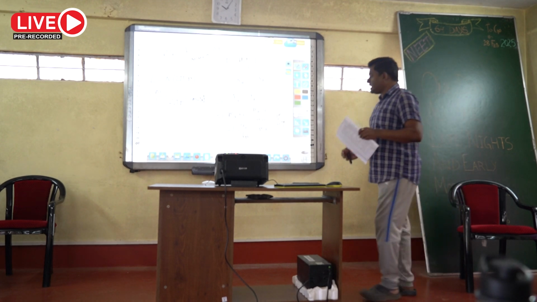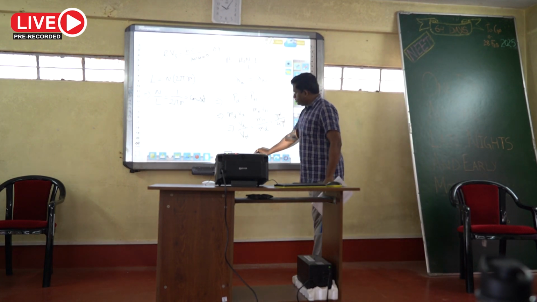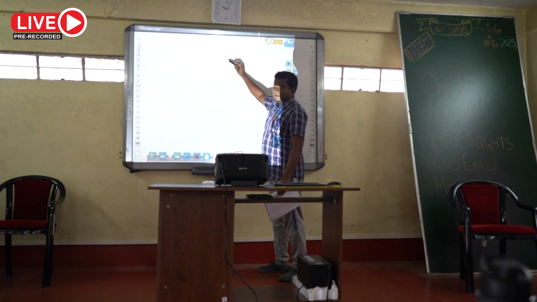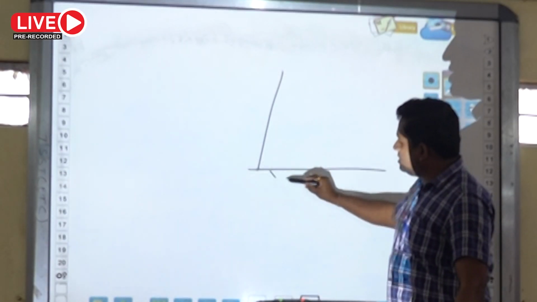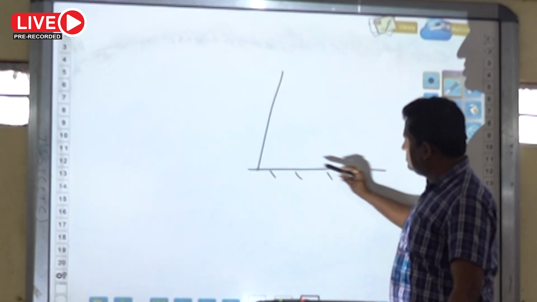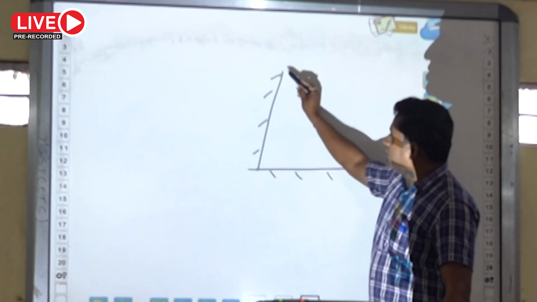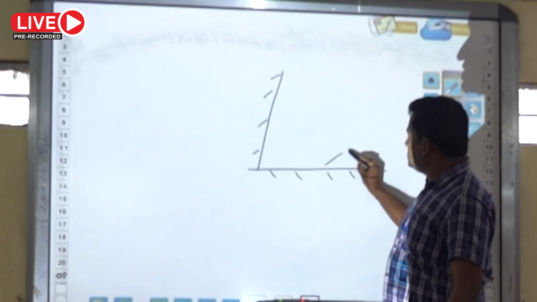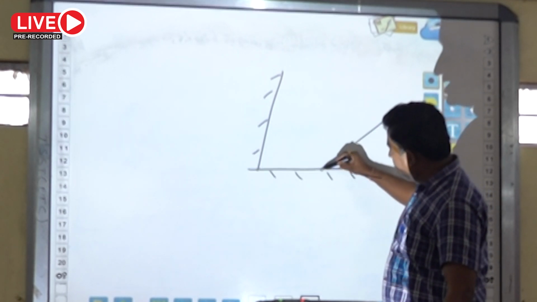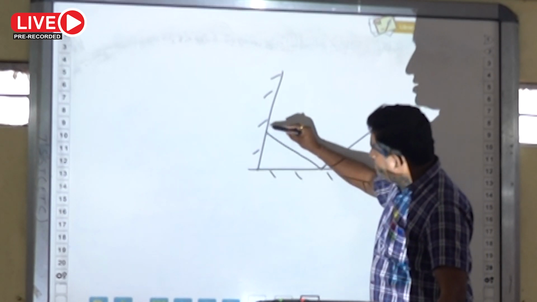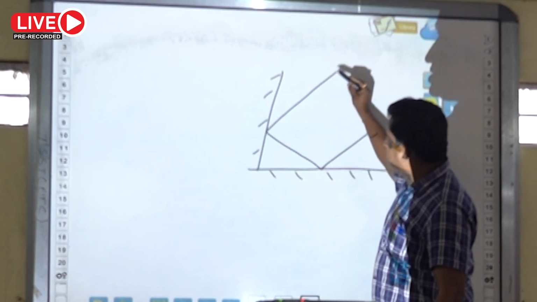These are parallel to each other, and you can prove this actually. I will do a converse proof. That means I will consider one light ray is falling here, then it is reflected and then reflects from here.